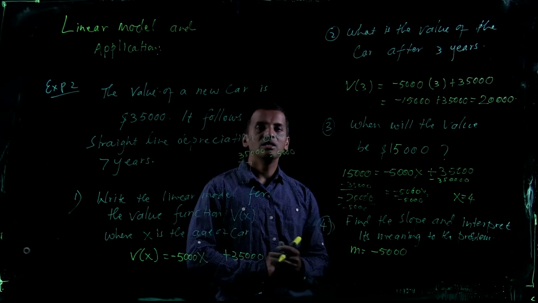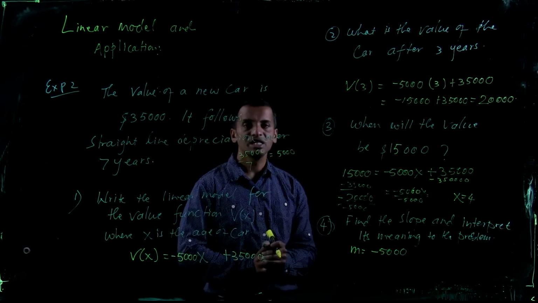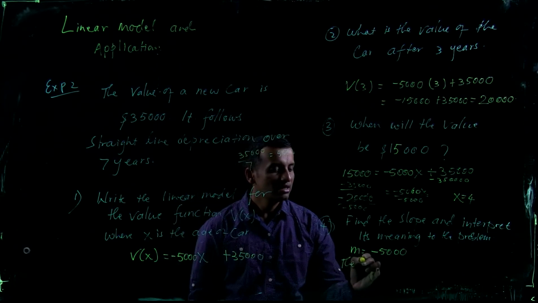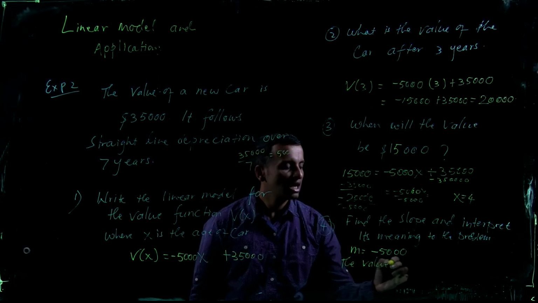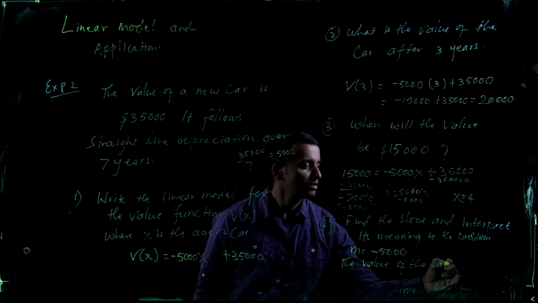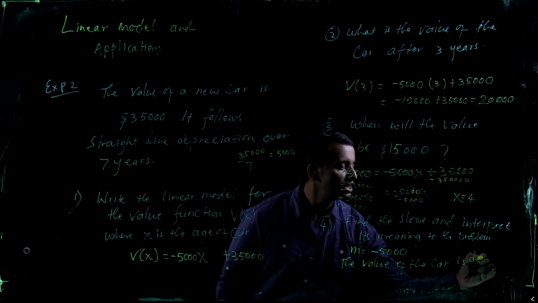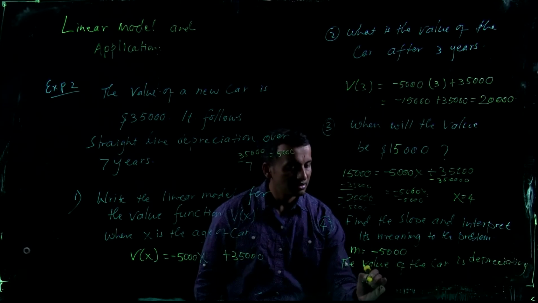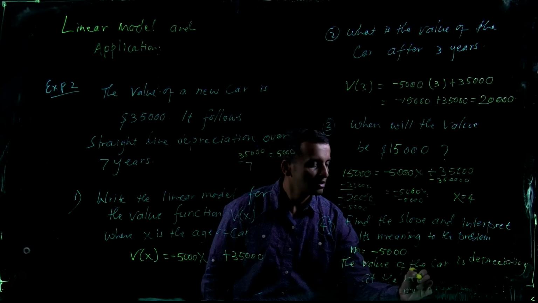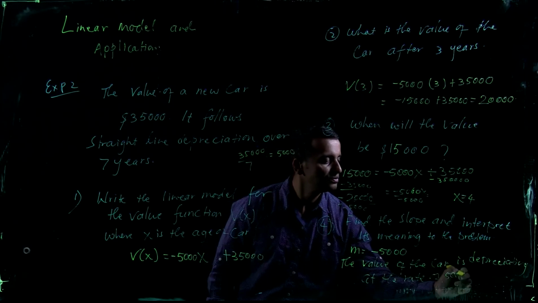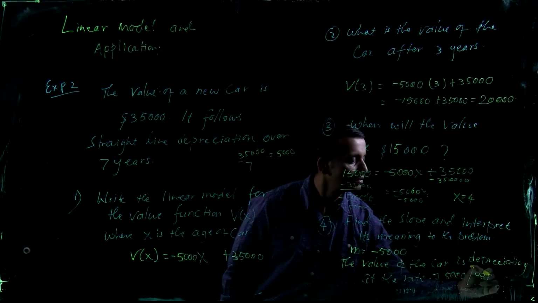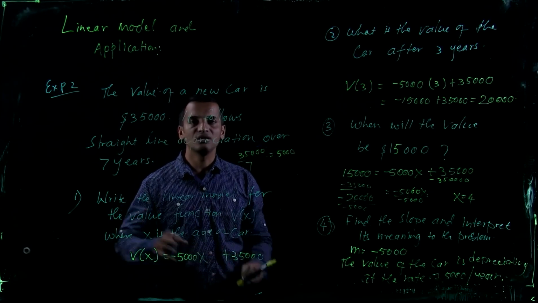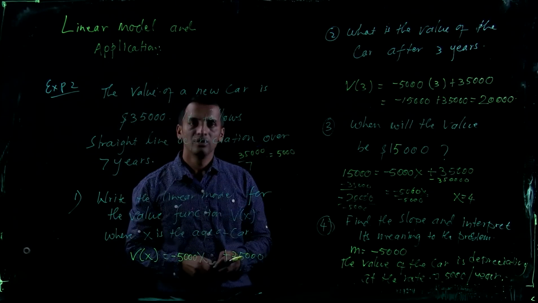It means the value of the car is decreasing, or depreciating, at the rate of 5,000 per year. Okay, this is how we answer a question related to a linear model. Thank you guys.